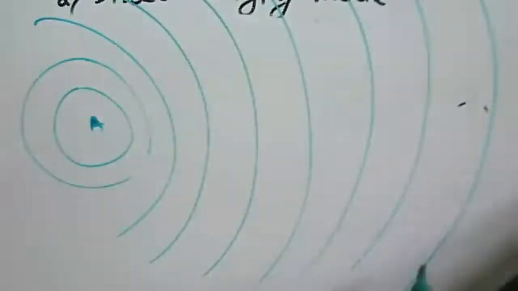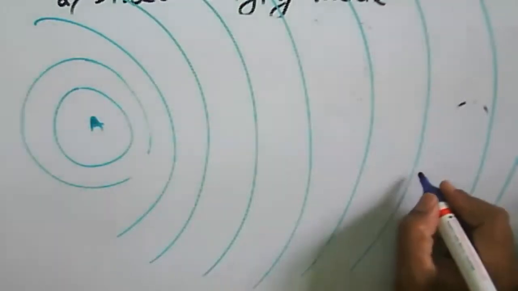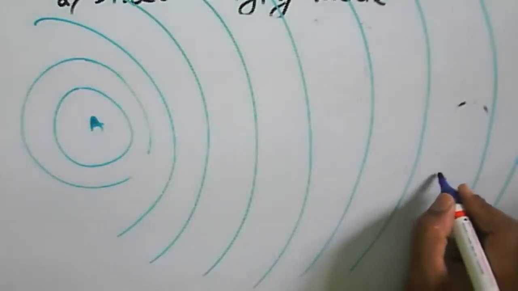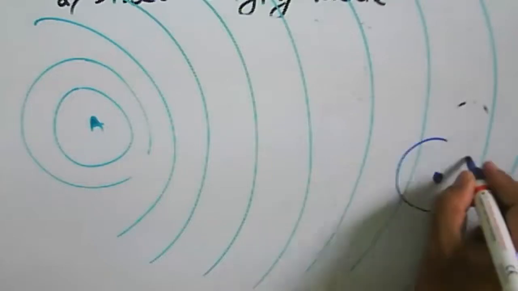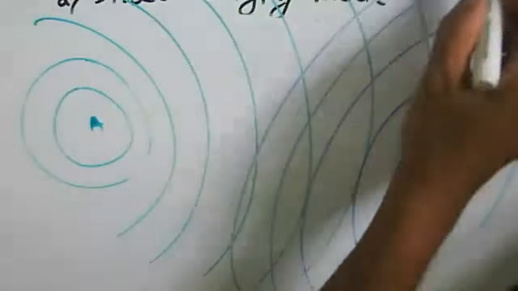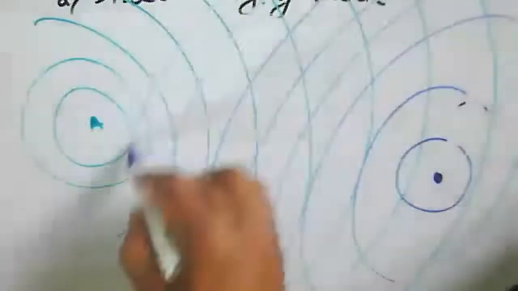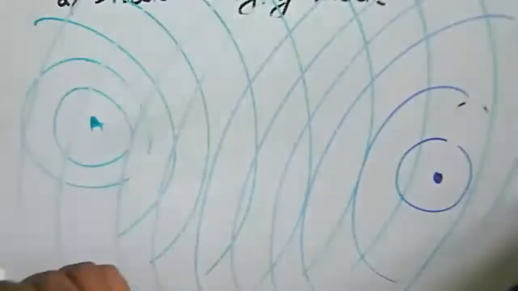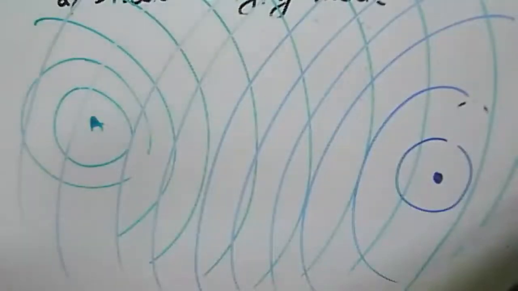That is about a transmitting station. Then another station is here. We consider another station here, and they form their concentric circles likewise.